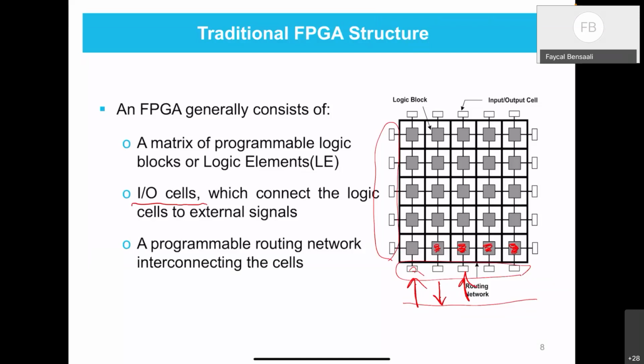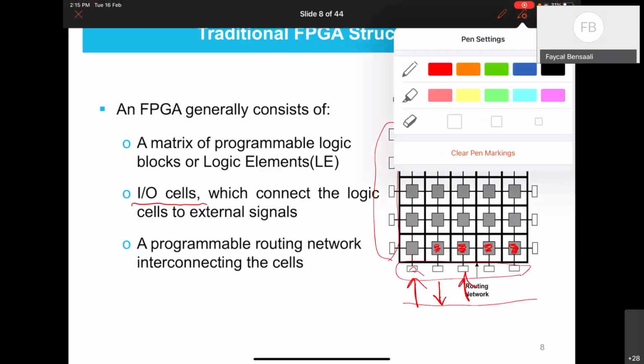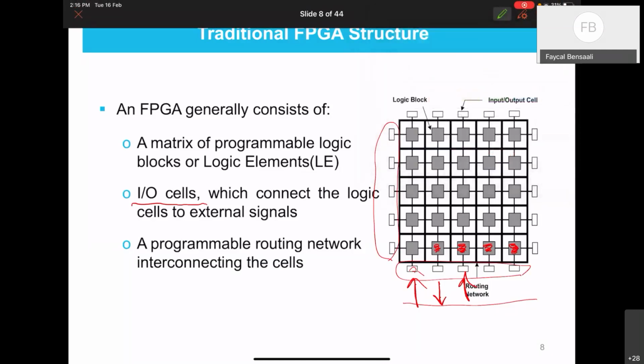So for example, if I'm going to build a simple circuit, an AND gate, the AND gate may require just one logic cell. In this case, we don't need to interconnect anything. But if you have a circuit that will require 4 logic cells, those 4 need to be connected together.